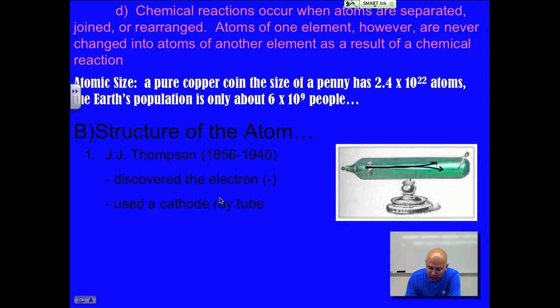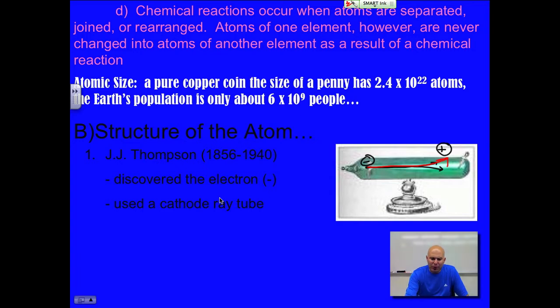So let's say we shoot out negatively charged particles, and I have a positively charged area on the top of the tube. Those particles, because they're negatively charged, are going to be attracted to the positive end. And the opposite is true if a positively charged particle is shot off: it would be repelled from the positive end.